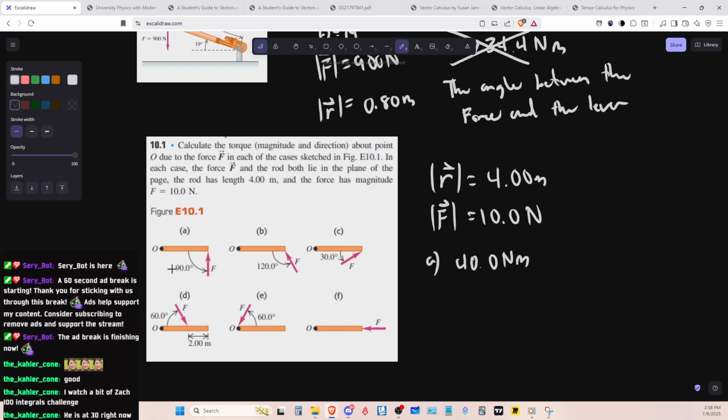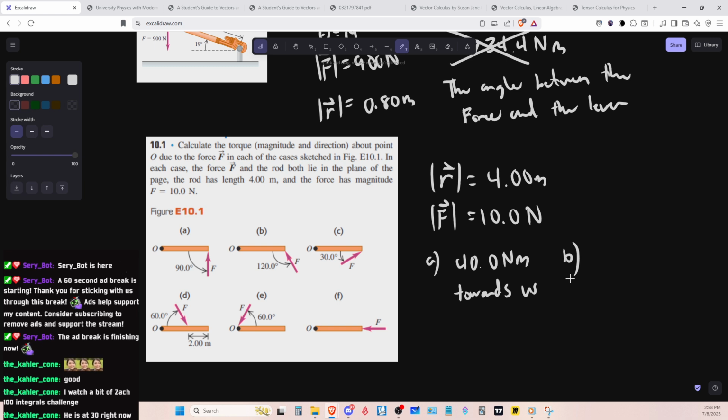Oh, maybe the angles tell us which direction to move our hand around for the right hand rule. So if we have the rod here and the force is going this way, and we curl our hand down 90 degrees, then the direction at the O point is going to be pointing towards us.